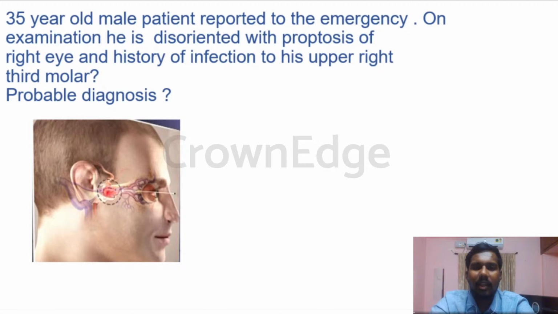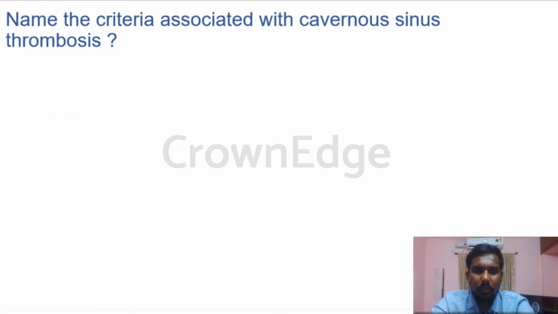Okay, let us learn a little bit about cavernous sinus thrombosis. What are the criteria associated with cavernous sinus thrombosis? There is some criteria associated with cavernous sinus thrombosis. Can anyone tell here? Name the criteria associated with cavernous sinus thrombosis.